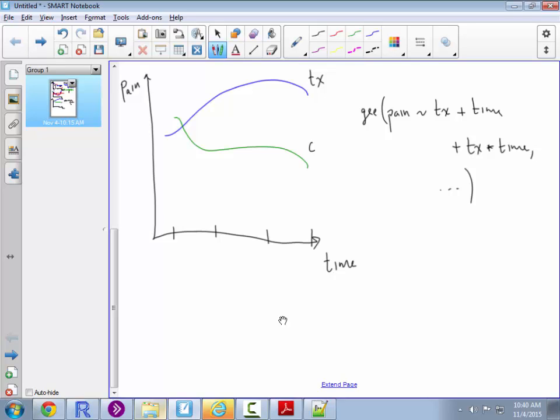So you could answer that in different ways. You could say, at the end of the time course, is the pain lessened by treatment? I should have organized these differently. Hopefully, it would go in this direction. So you could just look at the last time point and test, is treatment at the end in better shape than control at the end?